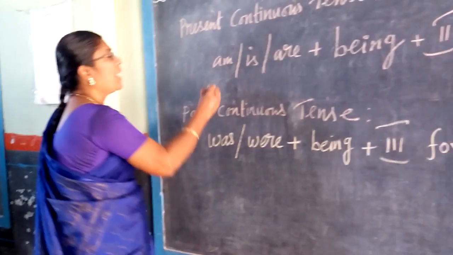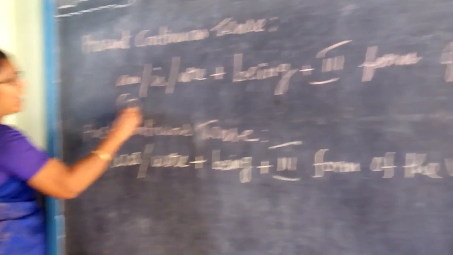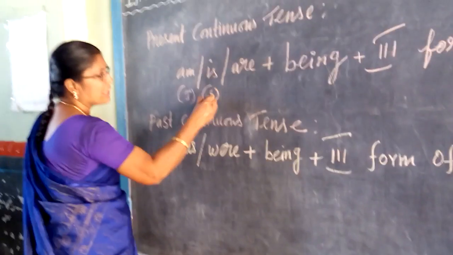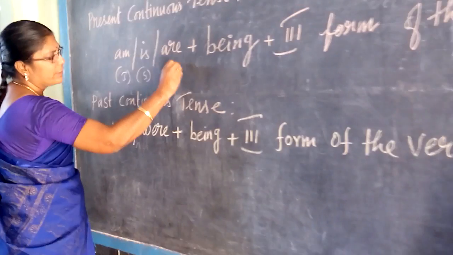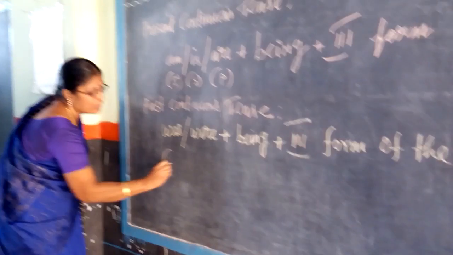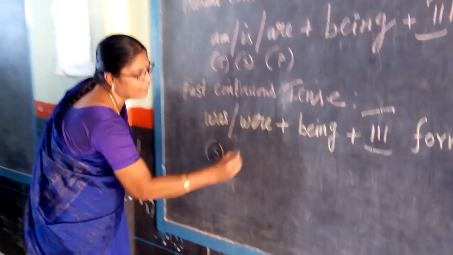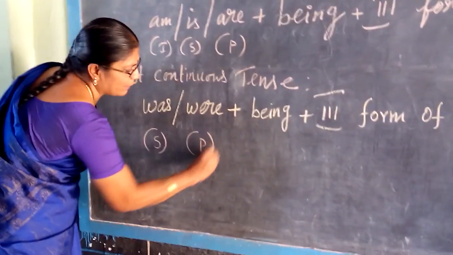So as usual, I you are using for am, is you are using for singular, are you are using for plural. The same thing here, was you are using for singular, were you are using for plural.